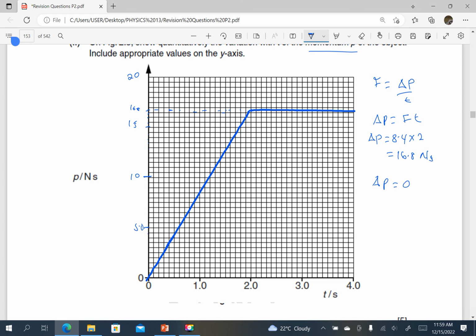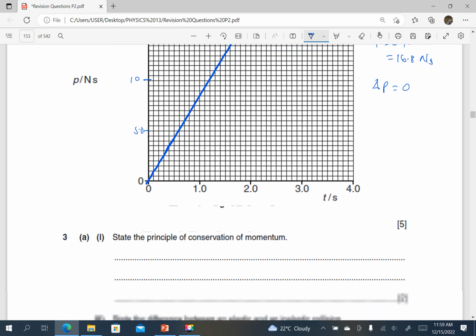So you can think about it like that. Okay, I hope this is correct. 16.8, how many squares are those? 16.8 divided by 0.5 is 33, and almost a half, yes.